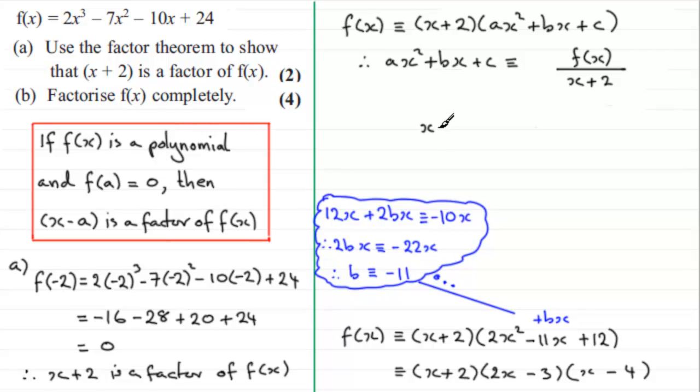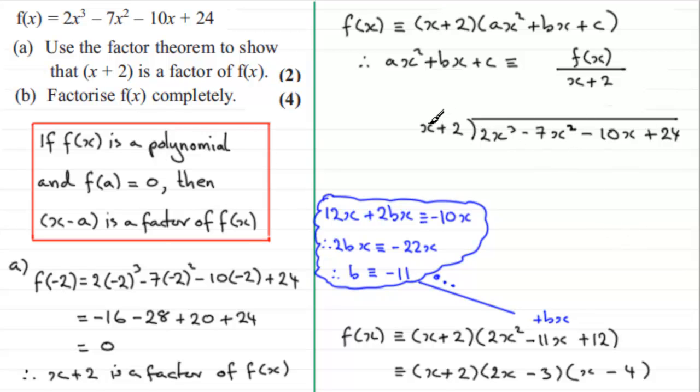What we would do is have x plus 2 into f of x. F of x being up here as 2x cubed minus 7x squared minus 10x plus 24.